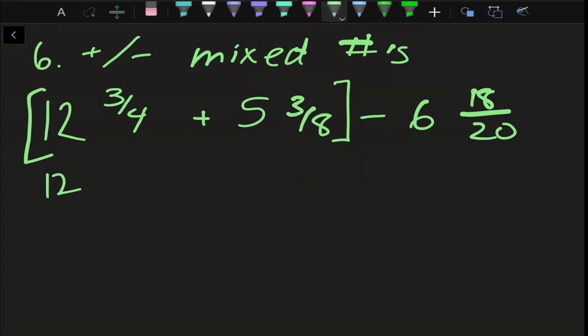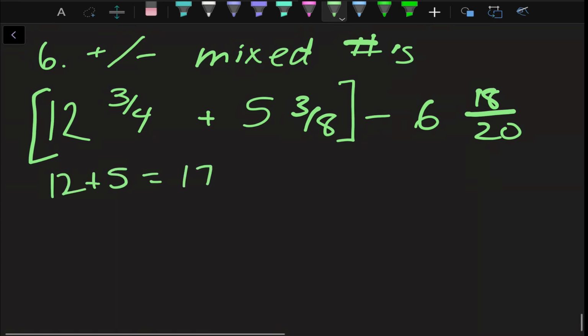So I'm going to go 12 plus 5 is 17. And then I'm going to look at my fractions.